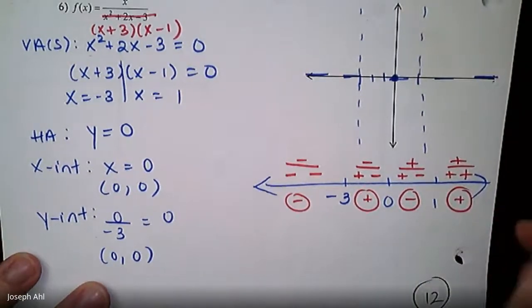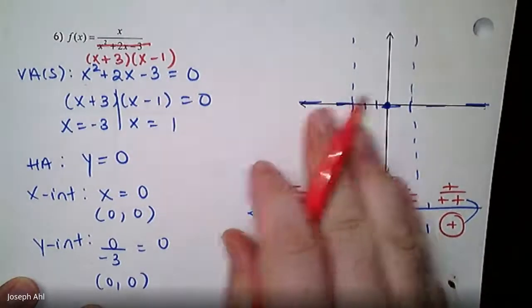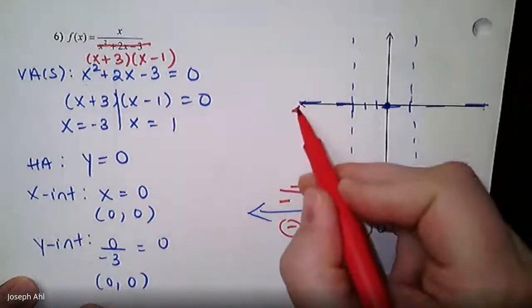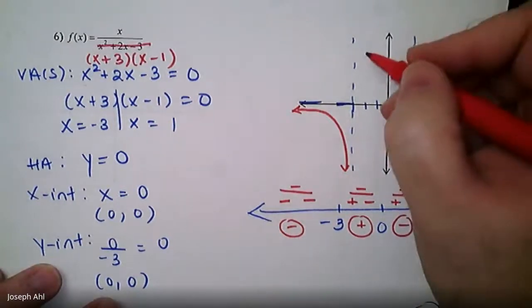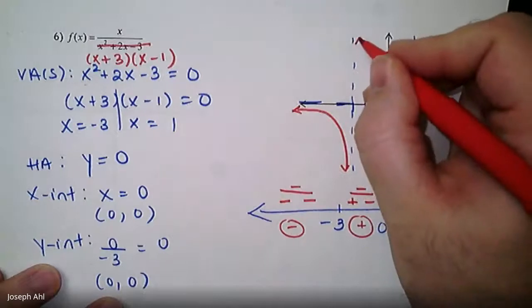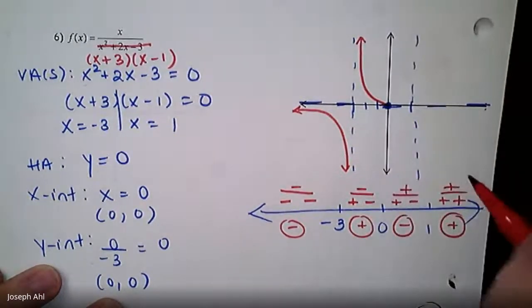How do I see what the graph looks like then? All right, if we're negative to the left of -3, we're going to be below the x-axis, bound by our asymptote. It's going to look like this. Then in this region, we switch over to positive. So now we're above the x-axis, and the closer I get to the vertical, it's going to head up to infinity, but eventually we've got to come on down and hit that x-intercept at 0.